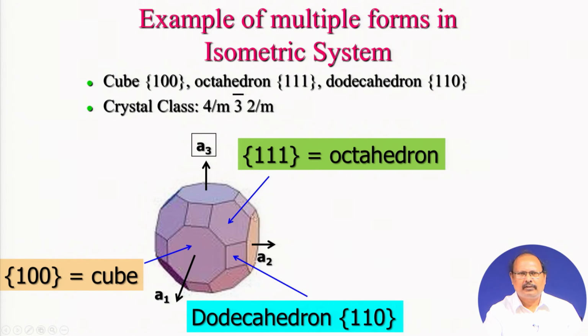There are 6 such faces here. This is the 110 form symbol. These 12 such faces are there. This is the dodecahedron crystal form, and this is the octahedron form, which has the 111 symbol. So, there are 8 such faces here. So, in crystals you can have combinations of crystal forms.